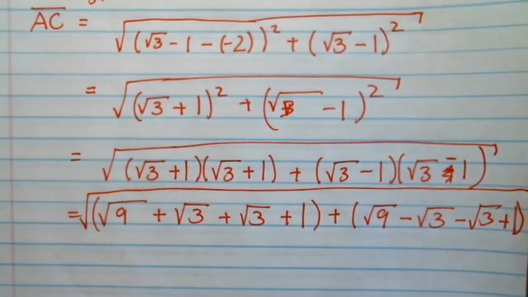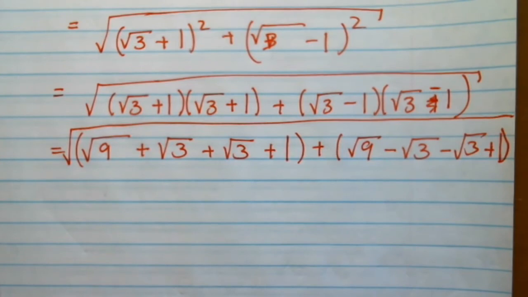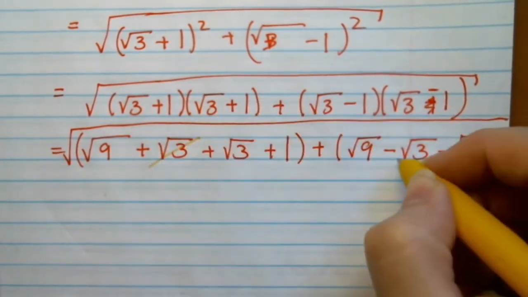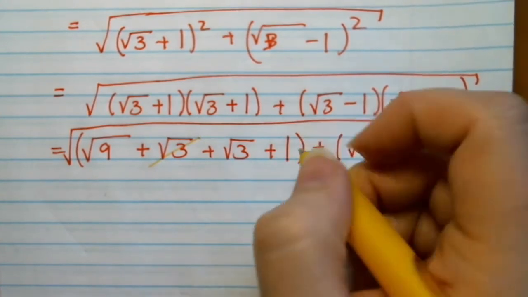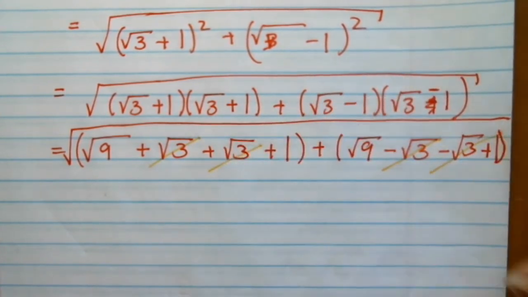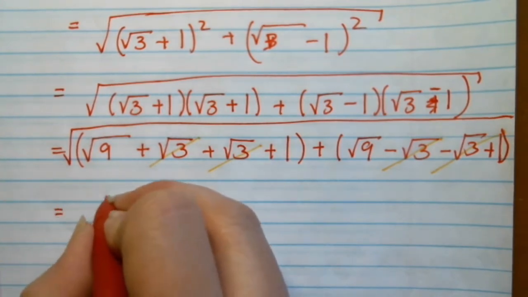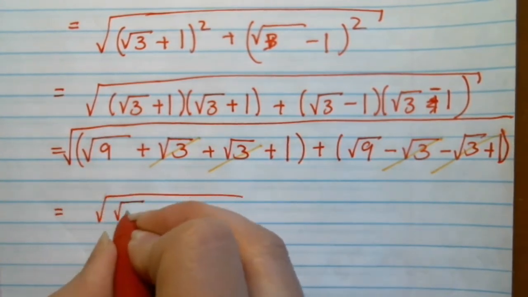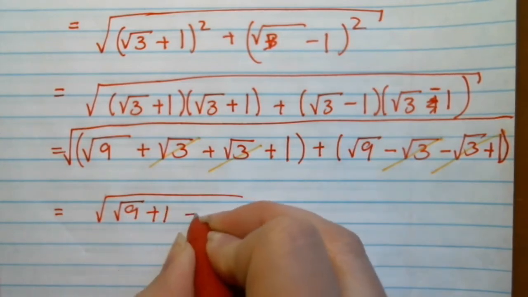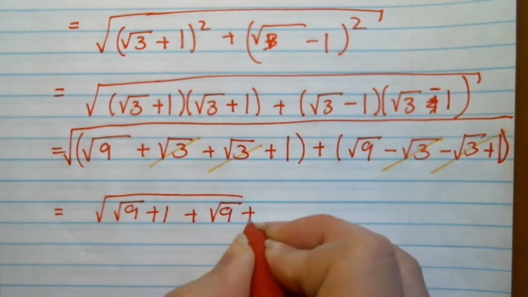Now when you look at these terms, you can see that this positive root 3 is going to cancel with this negative root 3, and this positive root 3 will cancel with this negative root 3. I'm going to get root 9 plus 1 plus root 9 plus 1.